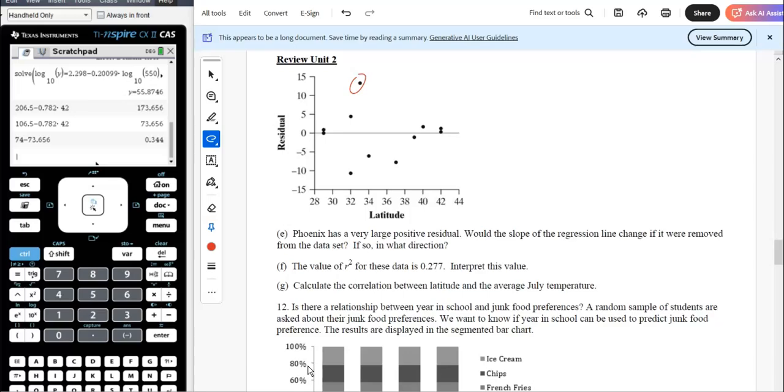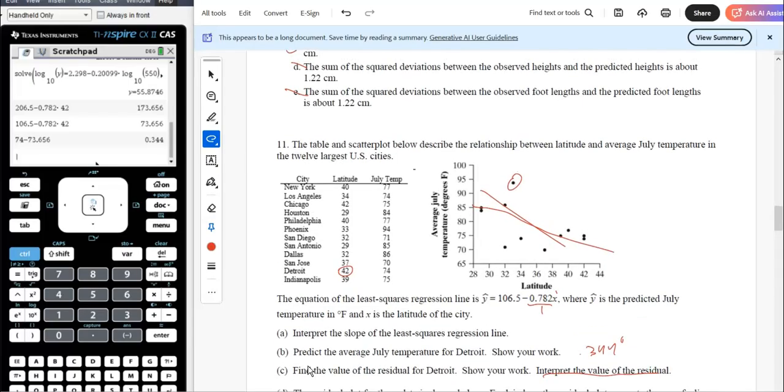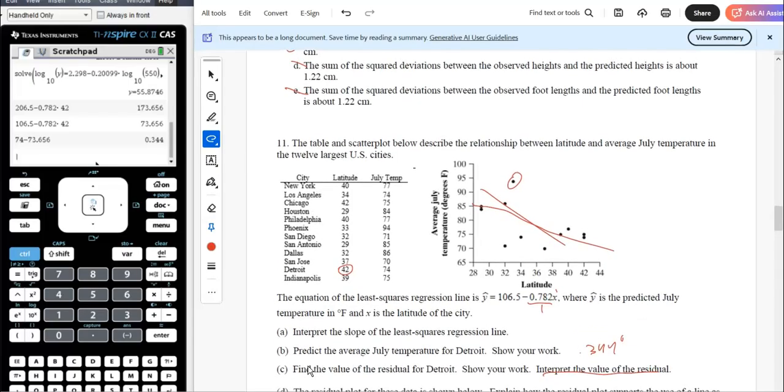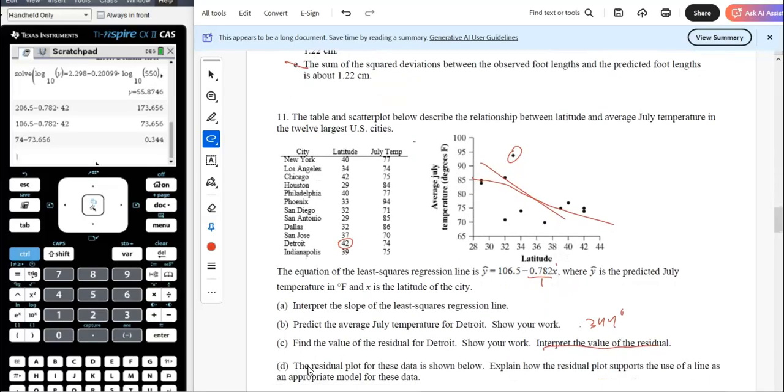Would the slope of the regression line change? Well, it kind of depends. I mean, it's more of an outlier, so it might not affect the slope that much. It might decrease the slope a little bit, but it might just be like the whole thing moves down a little bit. Let's see what they say for this one.